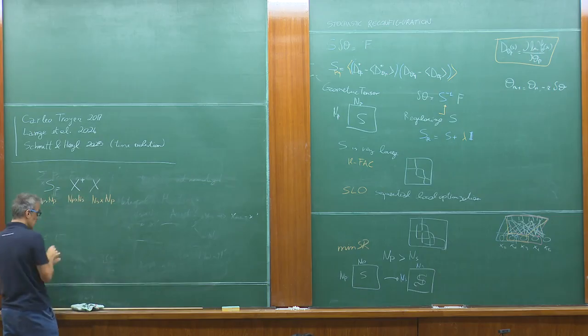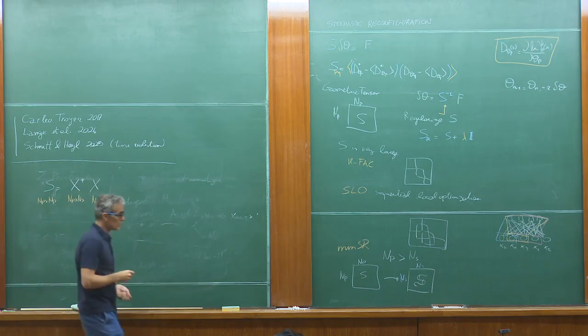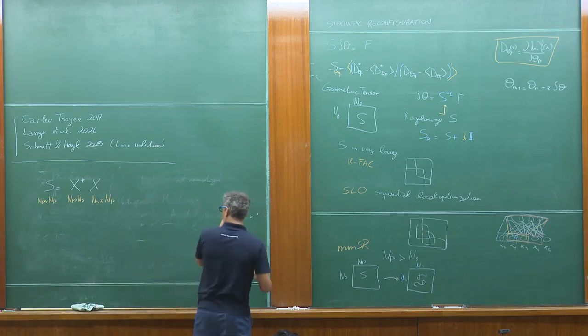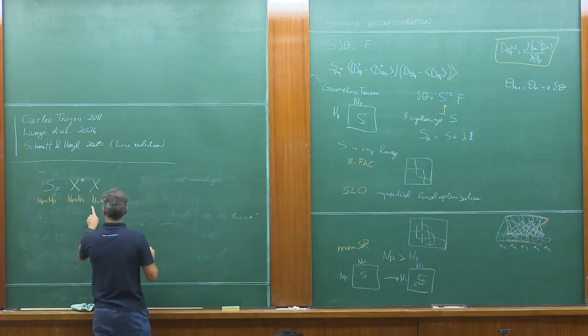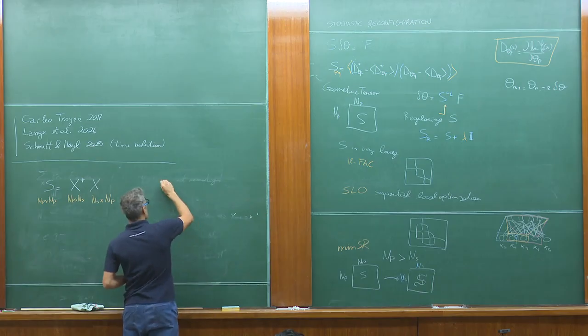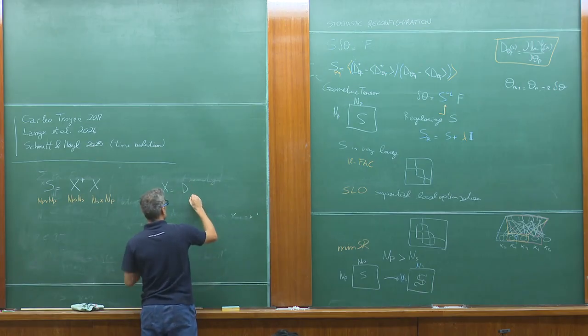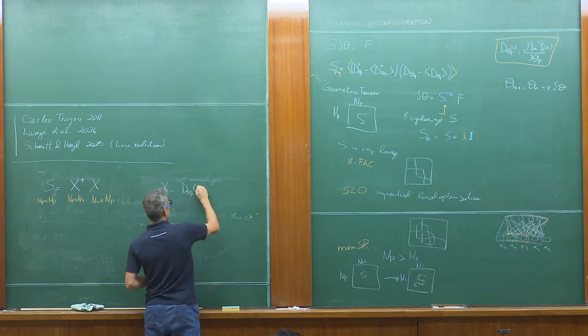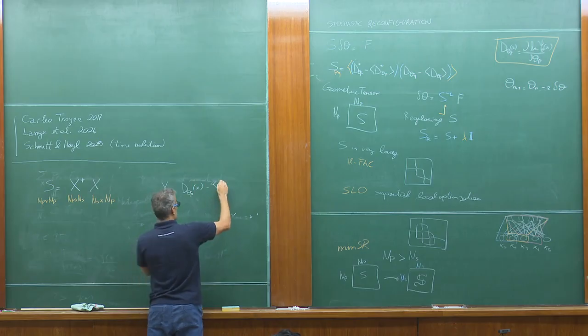Okay, and this is actually how you generate these averages, right? So N samples times NP. So X is d theta p, okay, minus some expectation value.